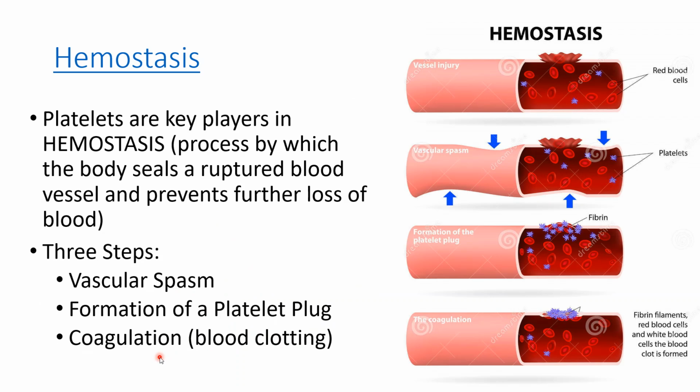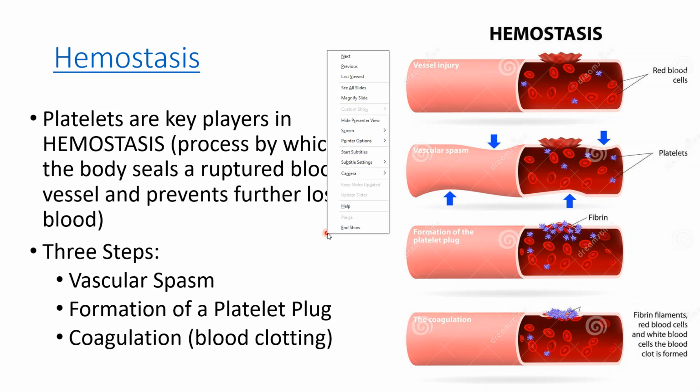Hemostasis. Trying to think of what word I said a minute ago. I want to make sure I use that word correctly. I don't know that that was the word that's in that first objective, so I'll have to take a look. Hemostasis is the word I need you to know.